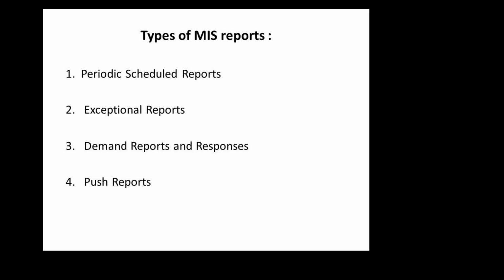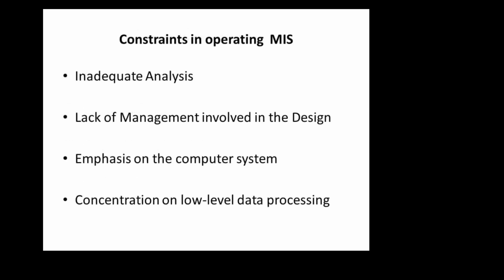For example, in the case of students who are not performing well, the class teacher has to inform the HOD or the head of the institution to keep him updated about the poor performance of a student. So this is one more report called push reports. In that way, there are four types of MIS reports generated in a business entity.